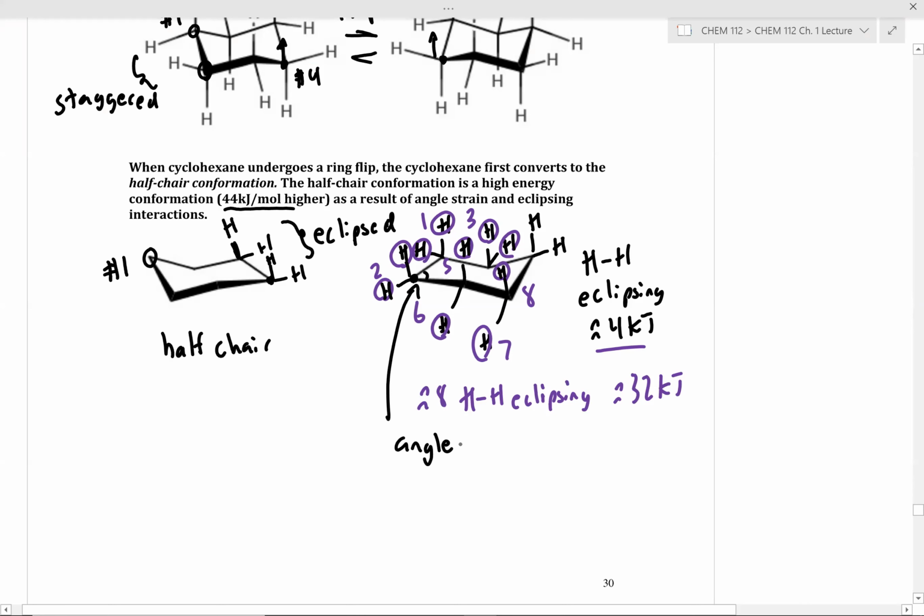We are distorting our carbon-carbon bond angles from their preferred bond angle of 109.5 to either, for some carbons, a little bit greater than 109.5, and for other carbons, a little bit less than 109.5. So that gives us a sense of where this 44 kilojoules per mole is coming from. The key thing I want you to recognize is that in the half-chair we have a bunch of hydrogens completely eclipsed, and as a result, it's relatively high in energy.